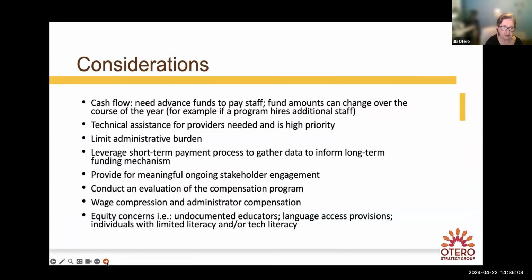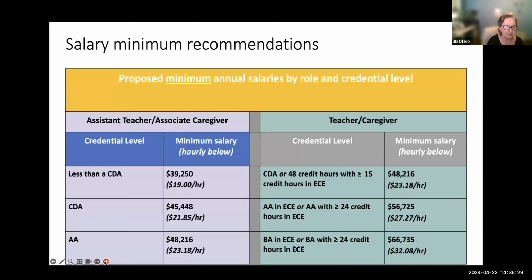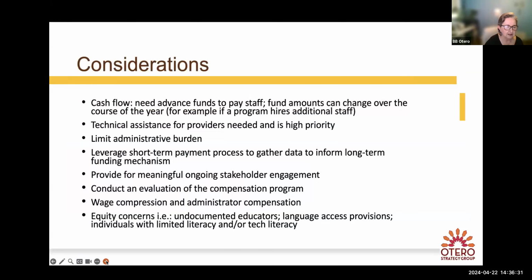So some of the considerations that we have to take into account: cash flow, the need to make sure that we're advancing the funds, because our providers do not have the mechanism by which they can front the dollars for increasing salaries. So we needed to make sure that the mechanism was providing the funds ahead of when you have to make the payments to teachers' salaries. We also wanted to limit administrative burden.